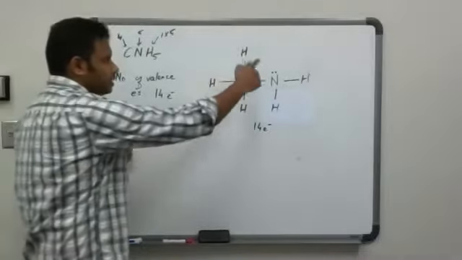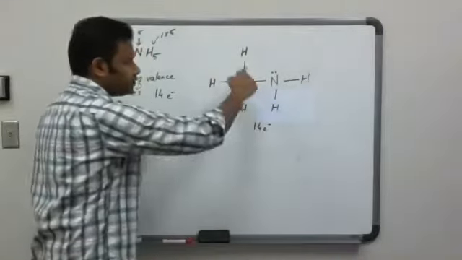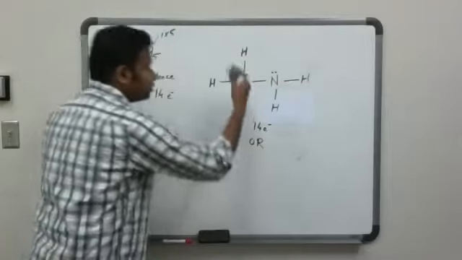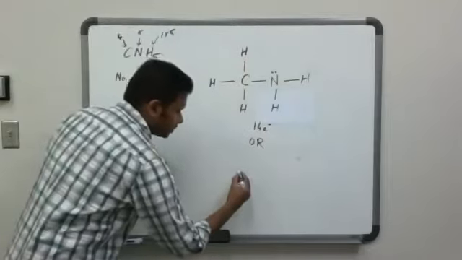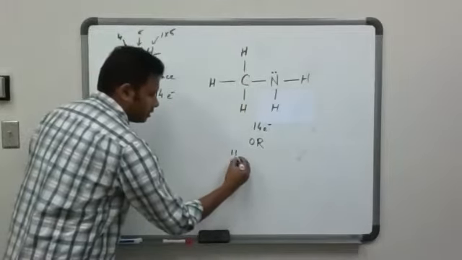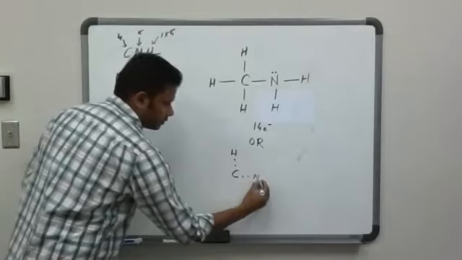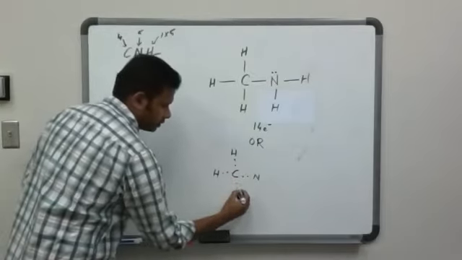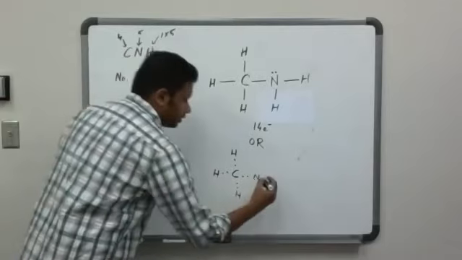Now, this is a Lewis structure representation where we've used bonds. We can also show this using dots to represent electrons. So the carbon can be drawn like this. It is basically another way of showing the same representation.